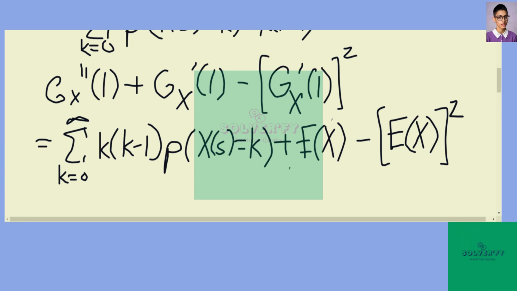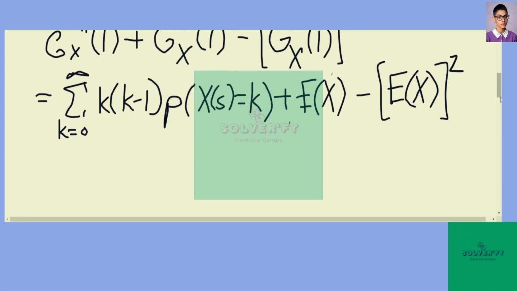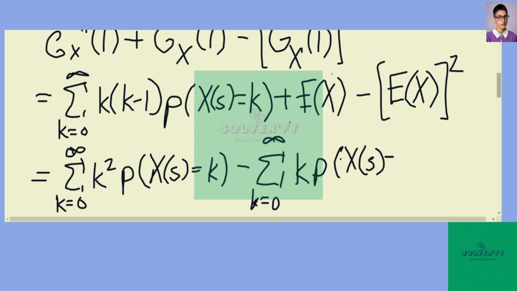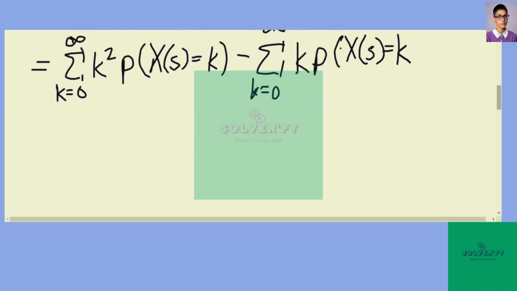And we have that this is equal to, we can write this as the sum from k equals 0 to infinity of k squared times the probability that X(s) equals k, minus the sum from k equals 0 to infinity of k times the probability that X(s) equals k, plus the expected value of X minus the expected value of X squared.